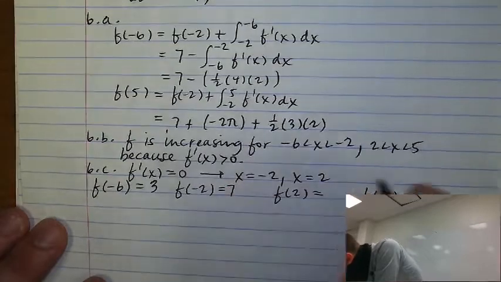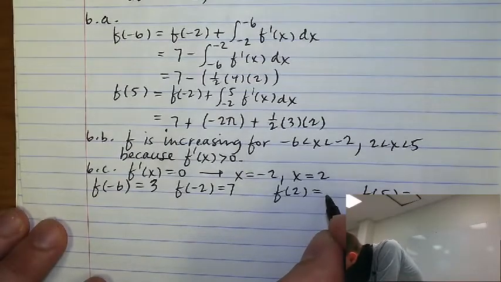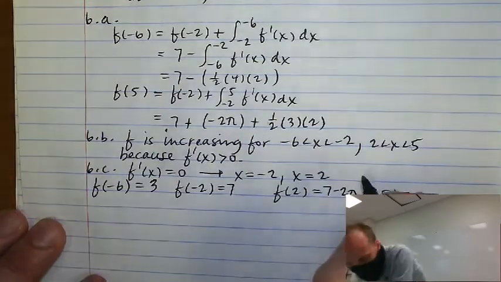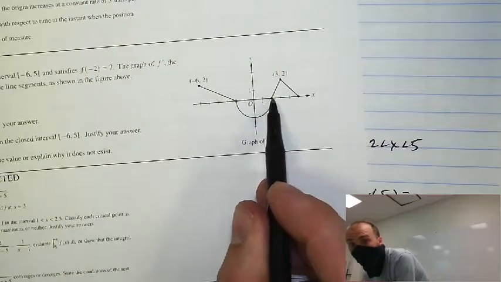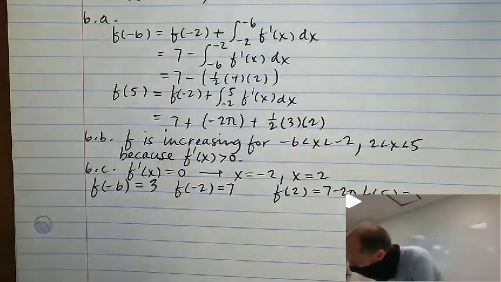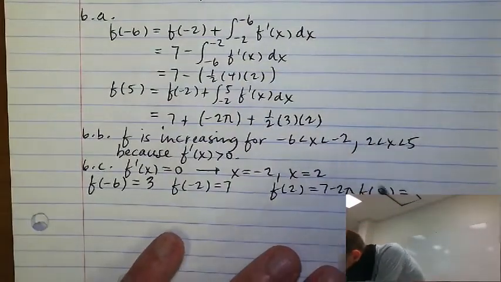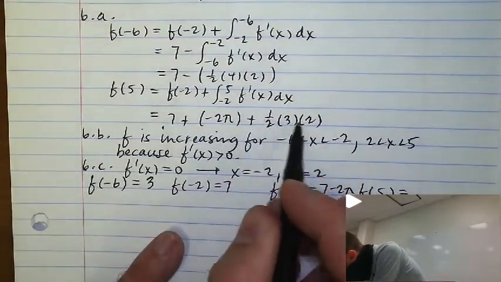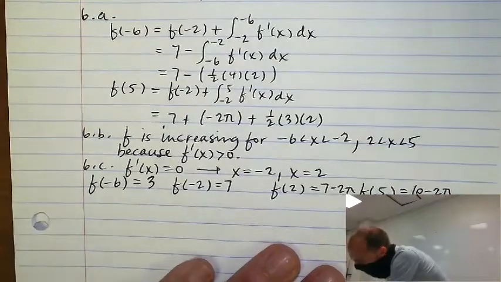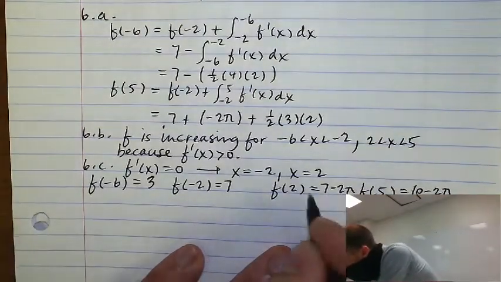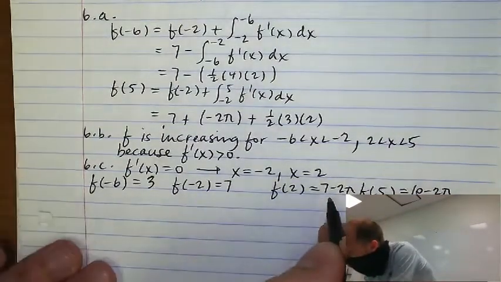F of -2 they told me is 7. F of 2 I'm not sure about. Oh, that's going to be 7 minus 2 pi, right? Because I'm going to start here at 7, and then I'm going to go over here to 2, and that's going to subtract the 2 pi. And then f of 5, we already found that. That's 7 plus 3 is 10 minus 2 pi. Okay, based on this, I feel like this has got to be the smallest one, because that's pretty close to 0.